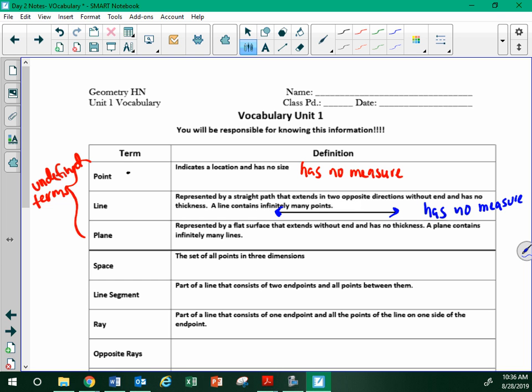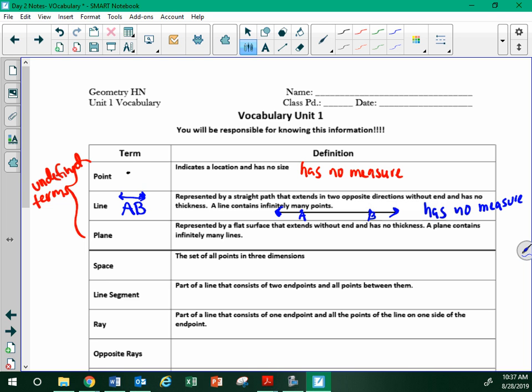Now, let's suppose that we wanted to talk about this line specifically. That black and blue line there. We need to put a couple points on it so we can refer to it by its name. So let's put on point A and point B. In order to refer to this line, I would use the notation AB with a little line over top.